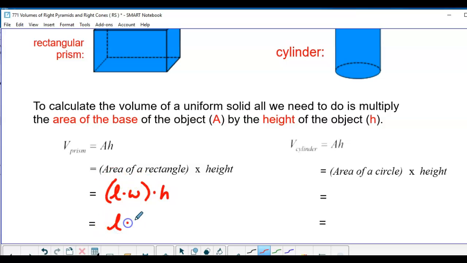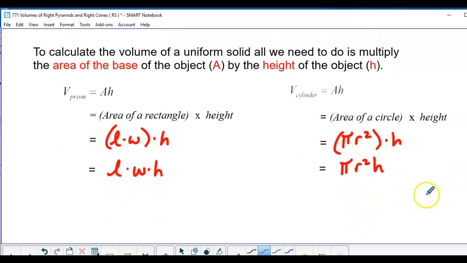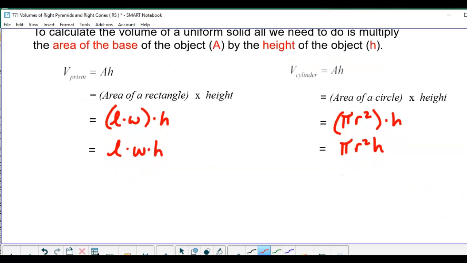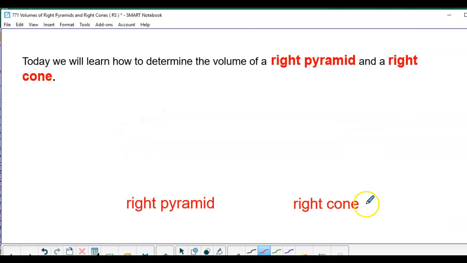So length times width times height. The area of a circle, we've already done this, is pi r squared, times the height, so that's pi r squared times height. All right, so we've just reviewed those types of volume questions that you've already done before.